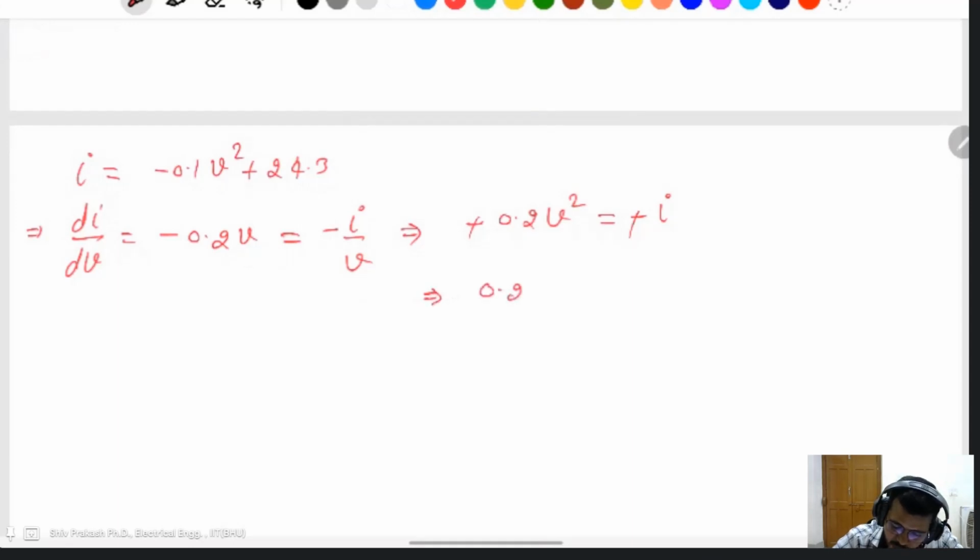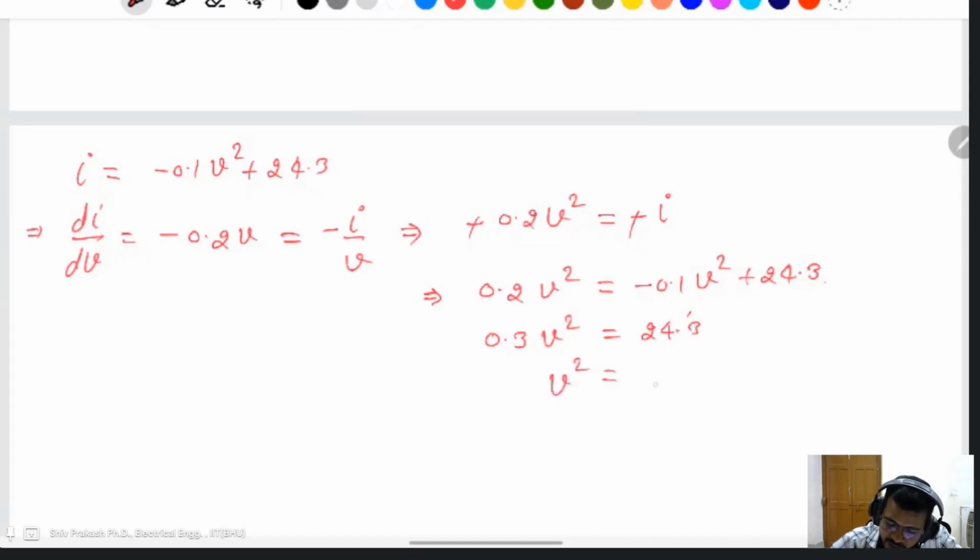Then 0.2 V square equals I, and I is given as minus 0.1 V square plus 24.3. So this one is 0.3 V square. Transfer this to the left-hand side, then 24.3 divided by 3 is 81.